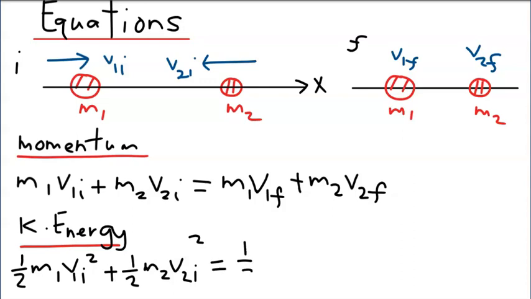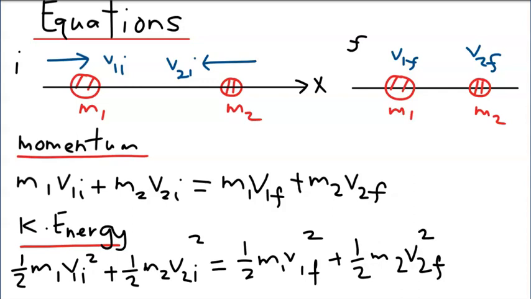After the collision, the total kinetic energy is conserved. So half m1 v1f squared plus half m2 v2f squared. So this line represents conservation of kinetic energy applied to the system before and after the collision.